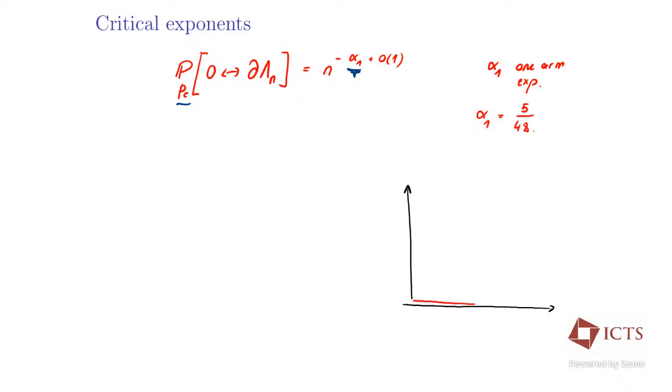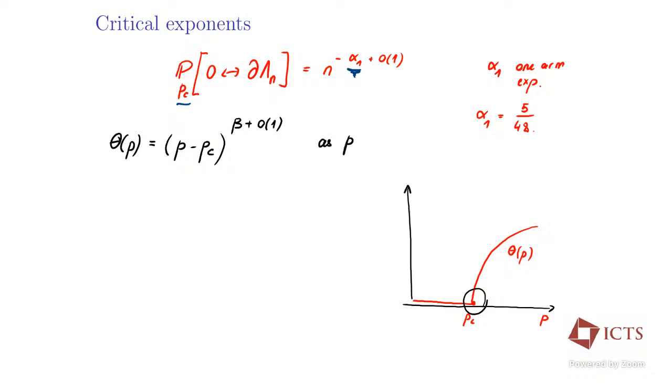So remember, I drew this function for theta of P, with the critical point PC. One thing you can look at is the way theta goes away from PC. What you expect is that theta of P behaves in the vicinity of PC like P minus PC to the beta plus little o of 1, with beta positive, as P goes down to PC.